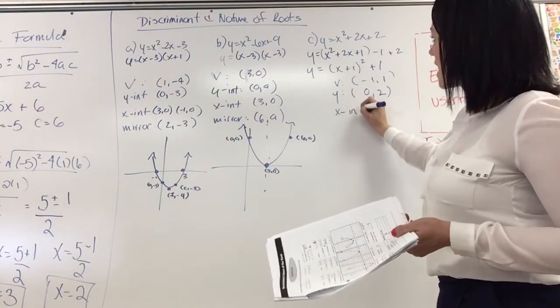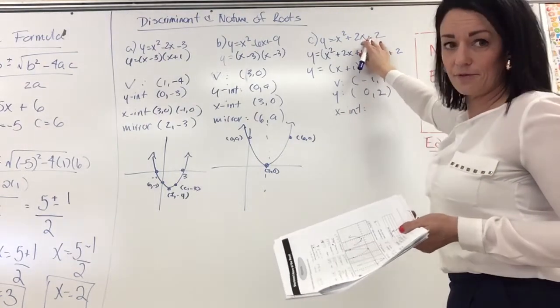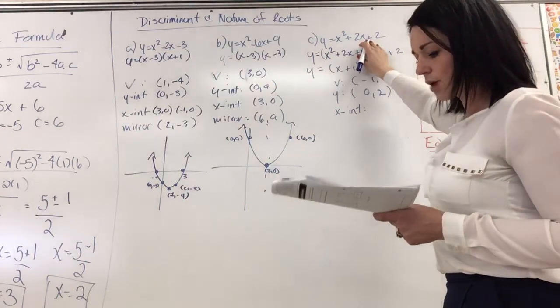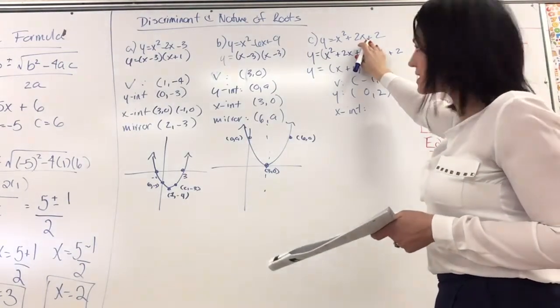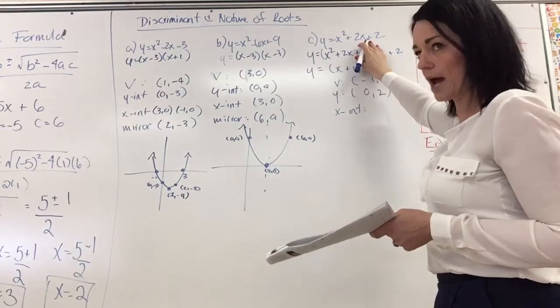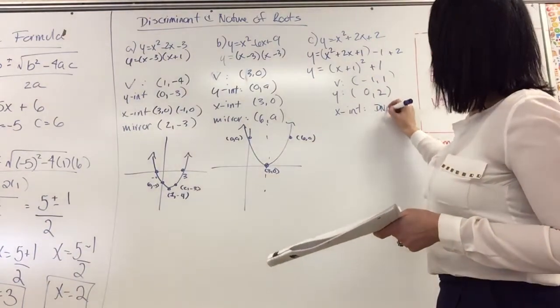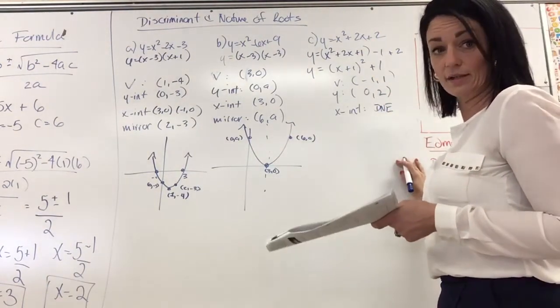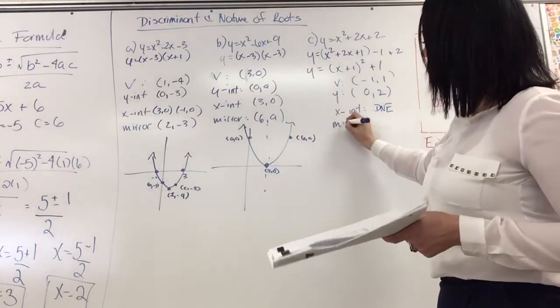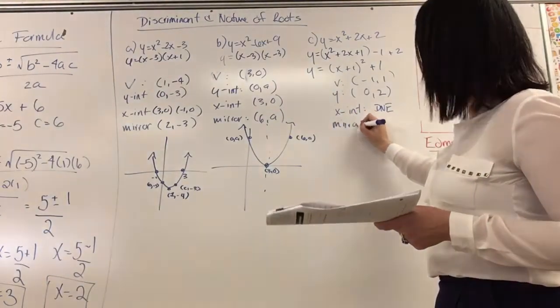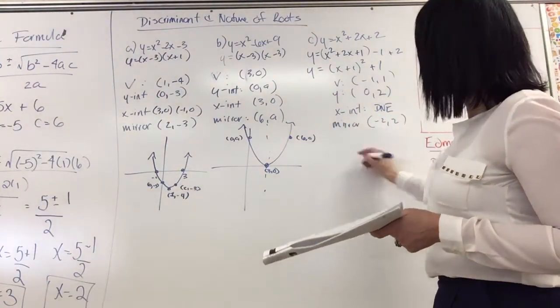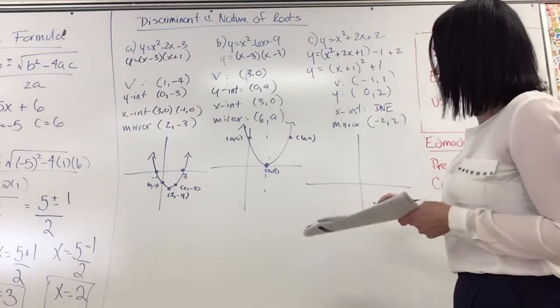For my x-intercept, I would need to use my quadratic formula. If I use my quadratic formula, I get a negative underneath the radical. So I know that means there are no real x-intercepts. Then my mirror point is at (-2, 2). Let's sketch this and look at what's happening here.